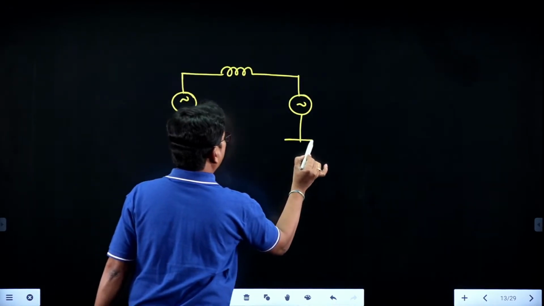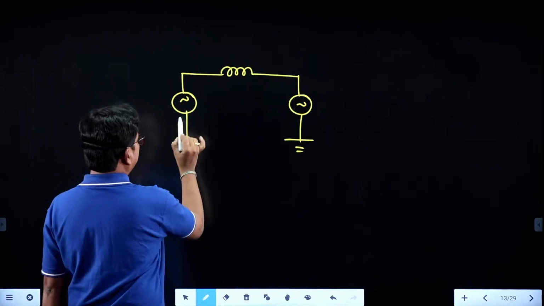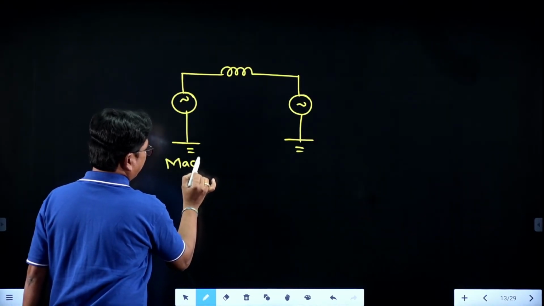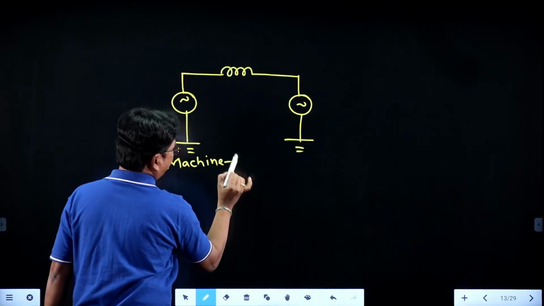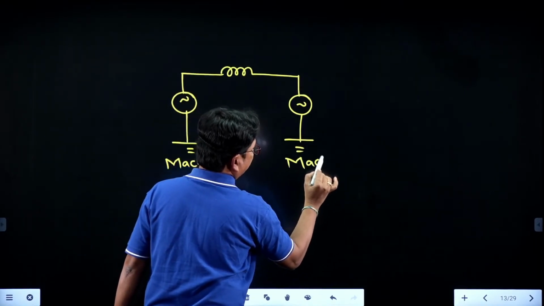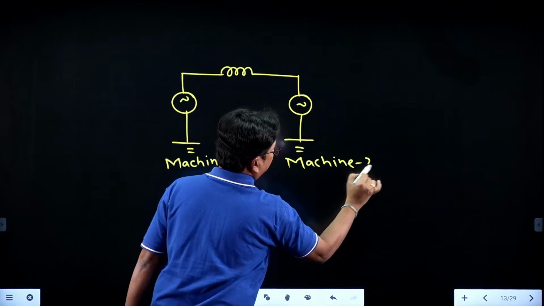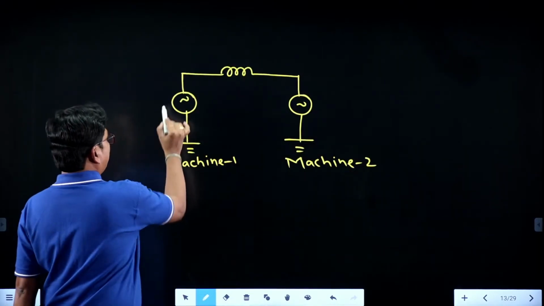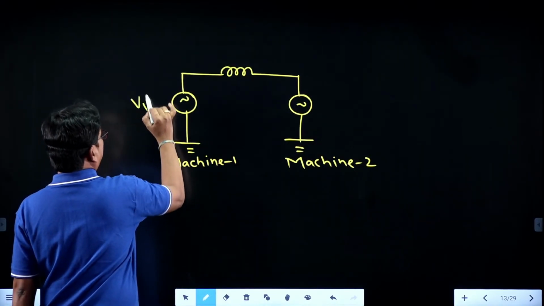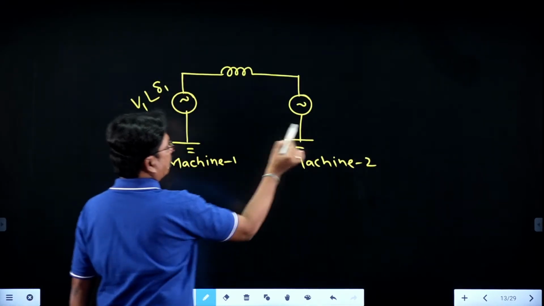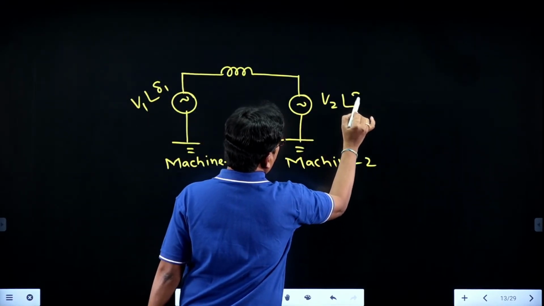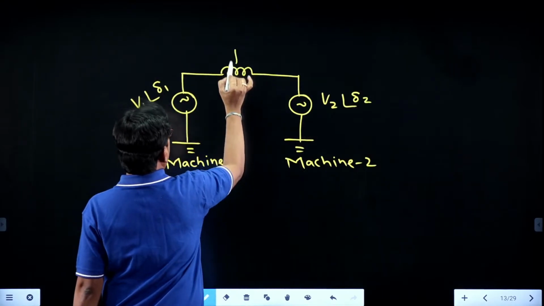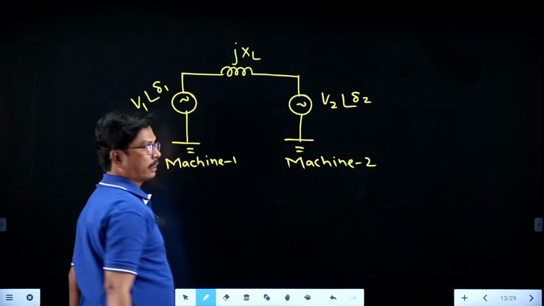These are the two machines connected here. This is machine 1 and this is machine 2. Suppose machine 1 voltage is V1 at an angle of delta 1. Machine 2 voltage is V2 at an angle of delta 2. The line reactance is jXL.